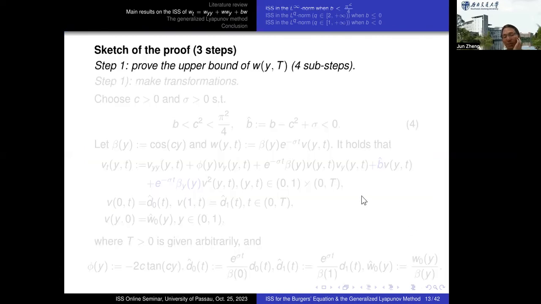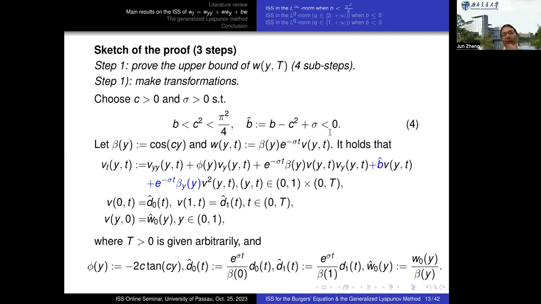But note that the Burgers equation may have a positive coefficient. So it is difficult to apply the Lyapunov argument for the stability analysis when B is positive. So we would like to make transformations to transform the original system into an equivalent one. Here the reaction coefficient B hat is strictly negative, and the coefficient of this nonlinear term is also strictly negative.